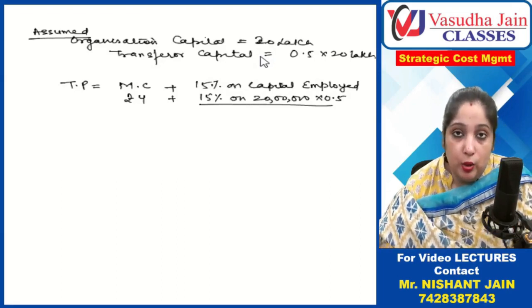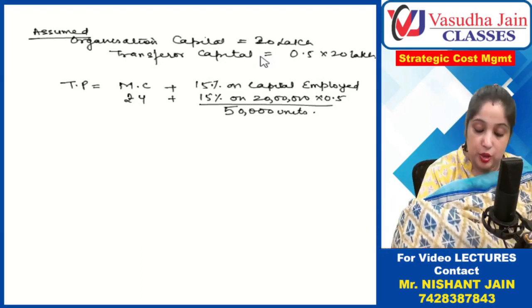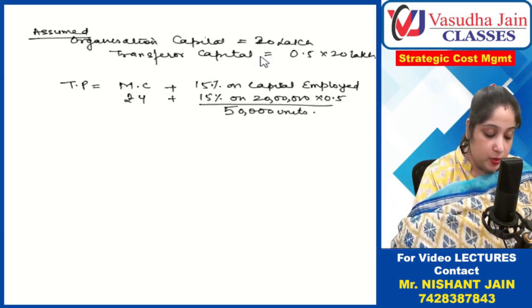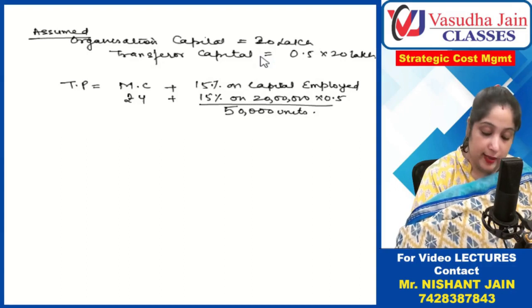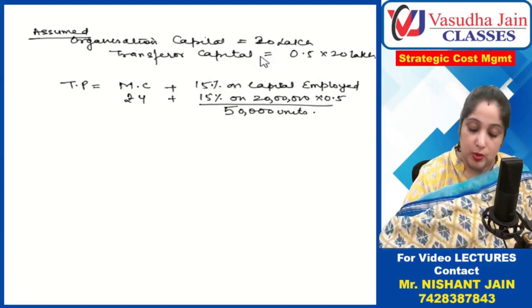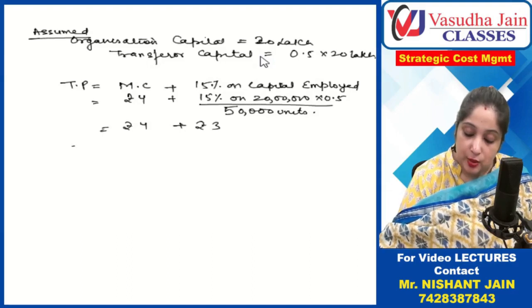This is the return you want to charge on how many units you are going to supply to the transferee, 50,000 units. So per unit how much return are you going to charge? 20 lakh into 15% into 0.5 divided by 50,000. So this comes out to be rupees 3. So transfer price is going to be rupees 7.